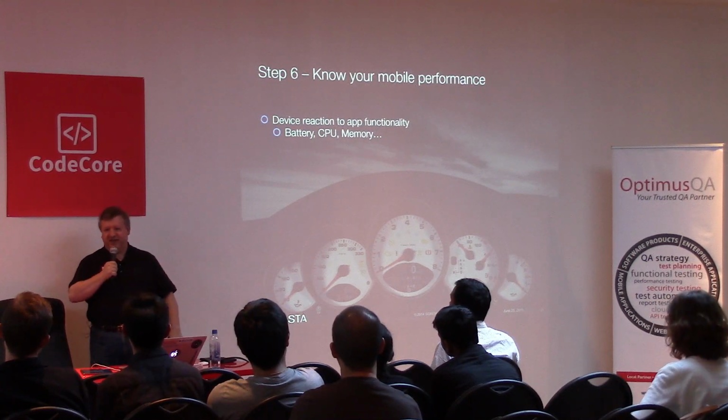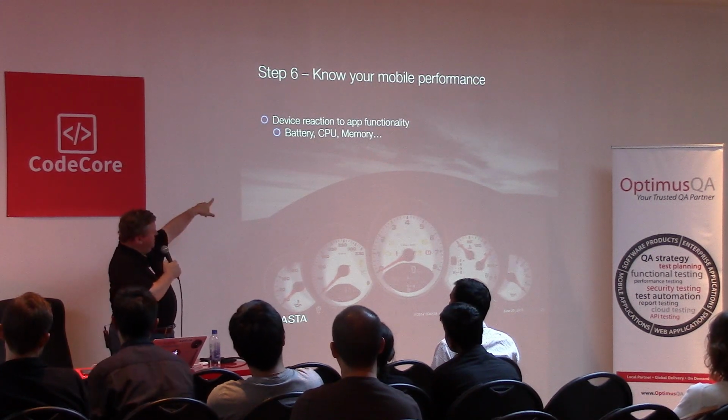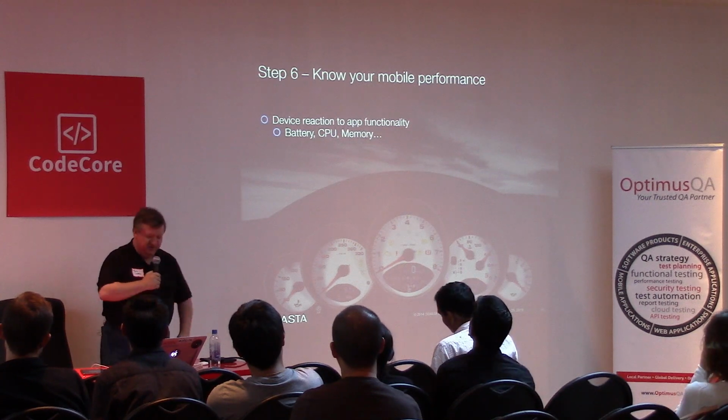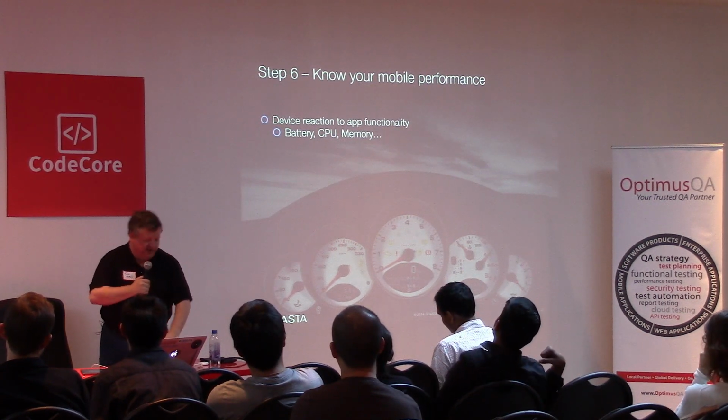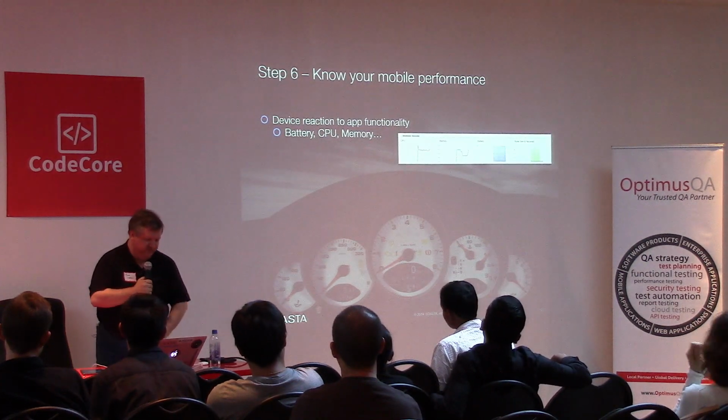If your app is using a lot of CPU power, it'll be burning through the battery more quickly. So tracking the battery, tracking the CPU, even tracking how much memory your app is using, again, on the customer's device, is going to give you insights into how your app is performing.